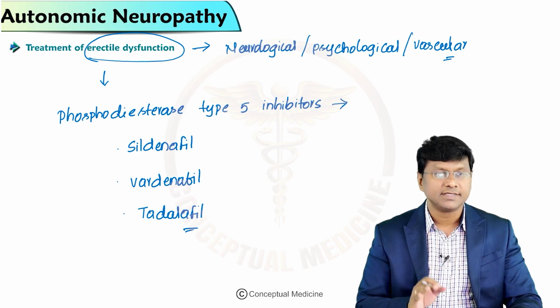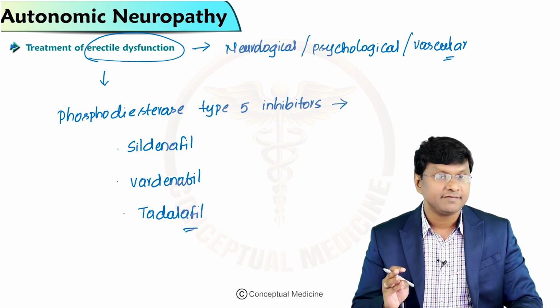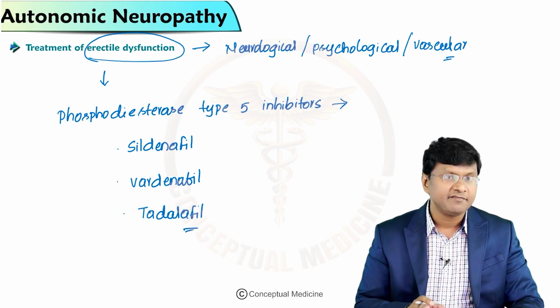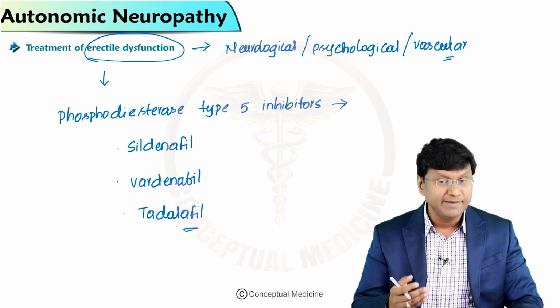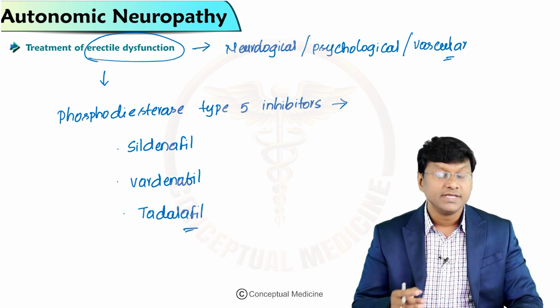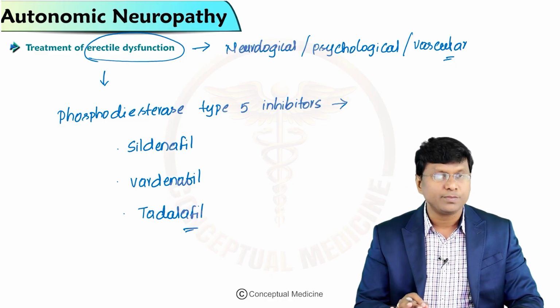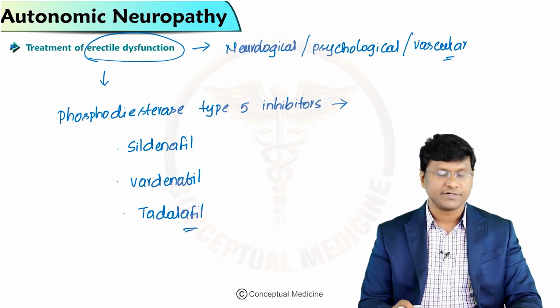These are the examples of phosphodiesterase 5 inhibitors. They have been shown in placebo controlled clinical trials to improve erections in response to sexual stimulation. So this group of drugs is a very important group for the treatment of erectile dysfunction.